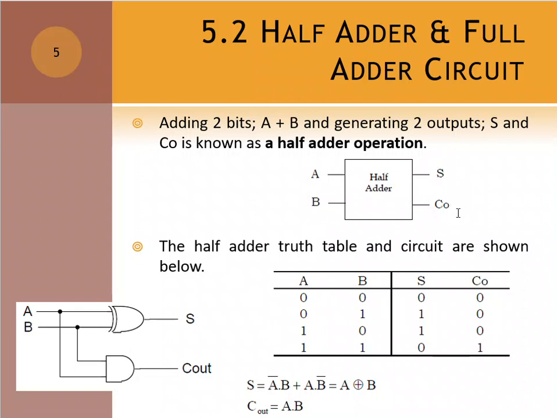If we try to write the truth table for the half adder circuit, we consider only adding two bits. 0 plus 0, sum is 0, nothing will be carried to the next, C out is 0. 0 plus 1, sum 1, C out 0. 1 plus 0, sum 1, C out 0. 1 plus 1, sum 0 because 1 plus 1 is 2, so 0 and then you have carry out 1.